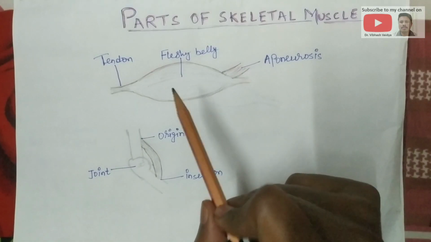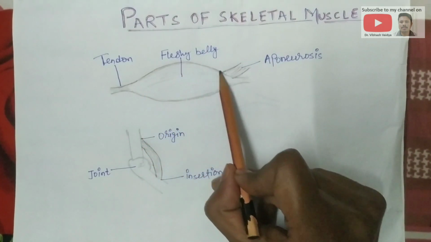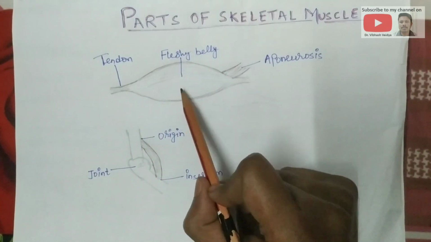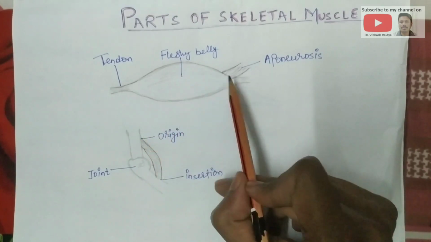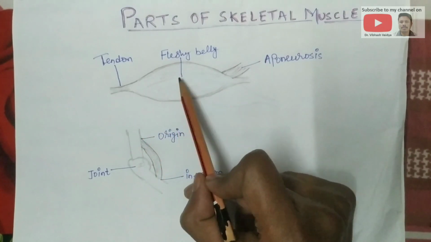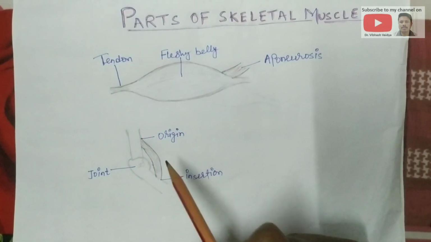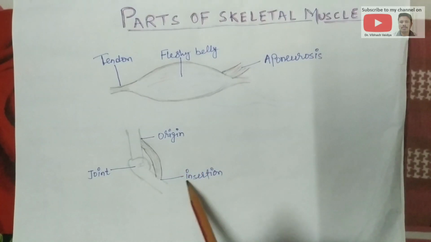Now the parts of the skeletal muscles. You can appreciate here a schematic diagram of the skeletal muscle, and this skeletal muscle consists of two parts, the fleshy part and the fibrous part. The fleshy part stretches between two points of the fibrous part. You can also appreciate two terms here: one is the origin, another is the insertion.